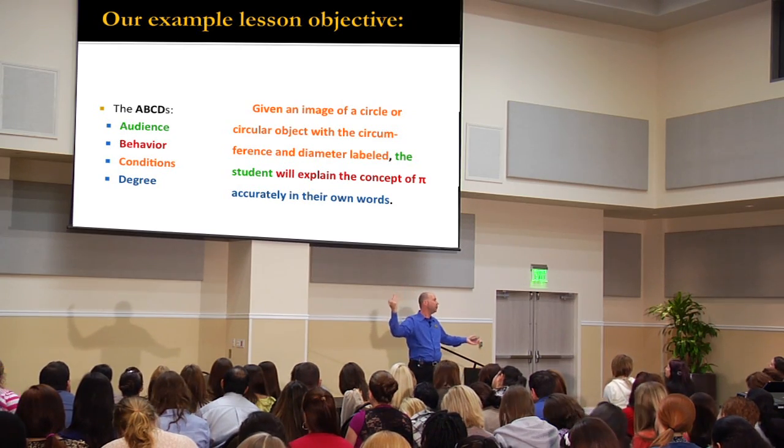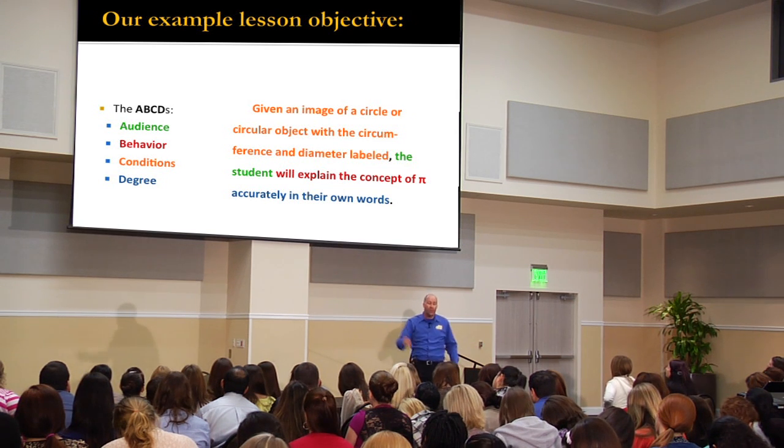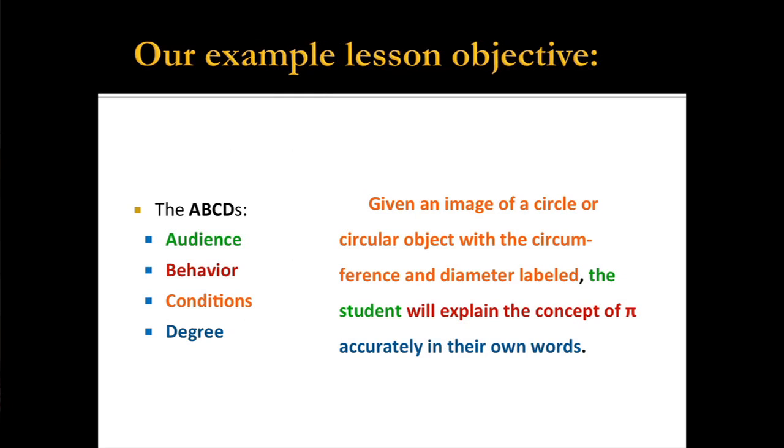Audience, who's going to do it? The student. The student will do it. The behavior I'm looking for is there in red. Explain the concept of pi. Under what conditions? Well, given an image of a circle or a circular object with the diameter and the circumference labeled. Because, that makes sense.